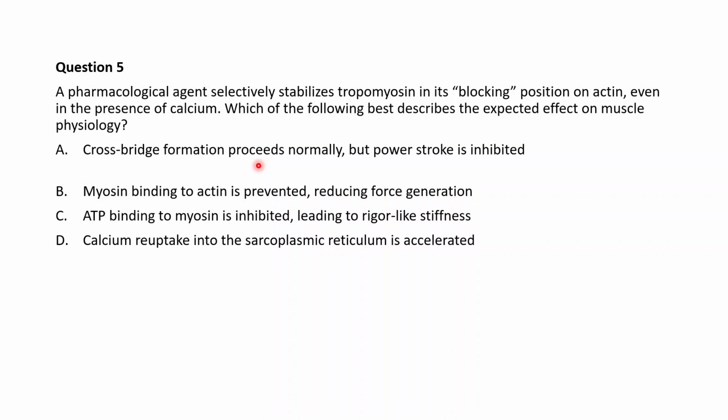So basically, the takeaway from this is that the most important players in the cross bridge cycle are obviously calcium and ATP, and also troponin, tropomyosin, as well as obviously actin and myosin itself. Right, so those are the important ingredients in the recipe for cross bridge formation and cycling.